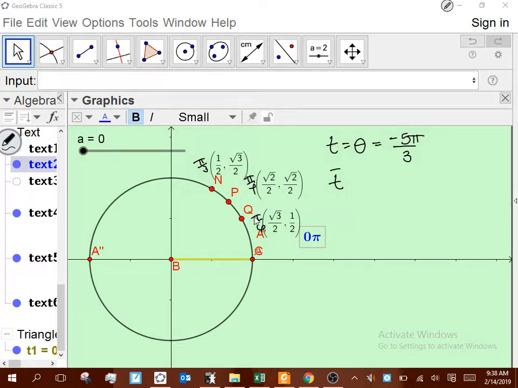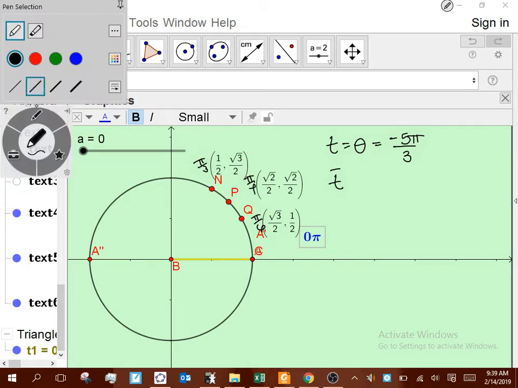What's the negative tell me for that t value, that distance, or that angle? Clockwise. I'm going to go clockwise. I'm going that direction now around the circle. So going clockwise, this would be 0. This is still 3 pi over 3, but if I go from 0 in that direction, we view that as negative 3 pi over 3, right?